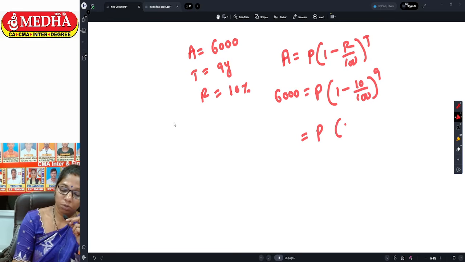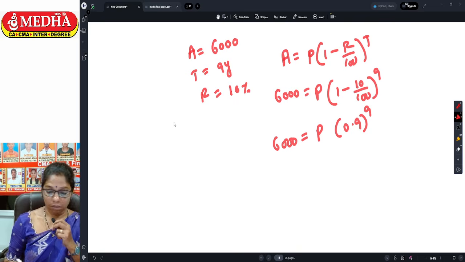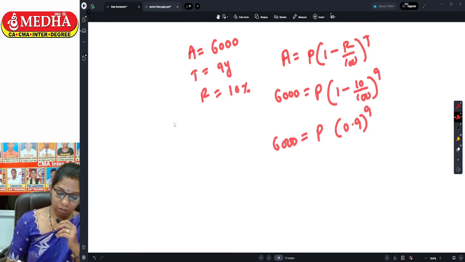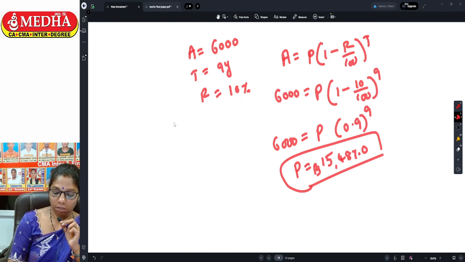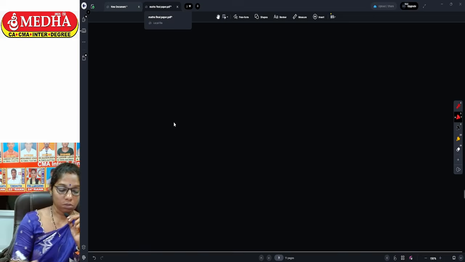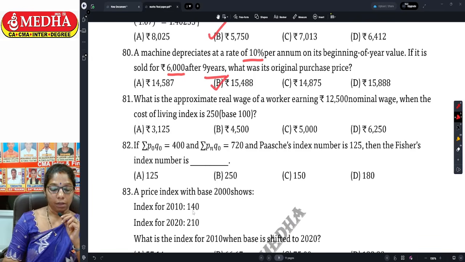So this is P into 0.9 whole power 9 equals 6000. That is P is equal to 6000 divided by 0.9 whole power 9, which is 15,487. So approximately the given solution is 15,488. Option B is the right one. Next one.